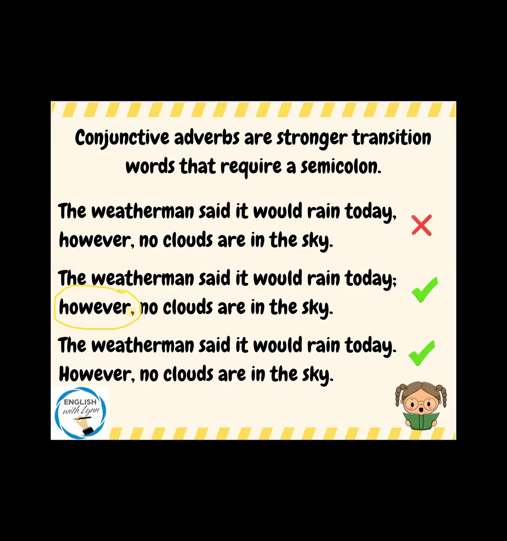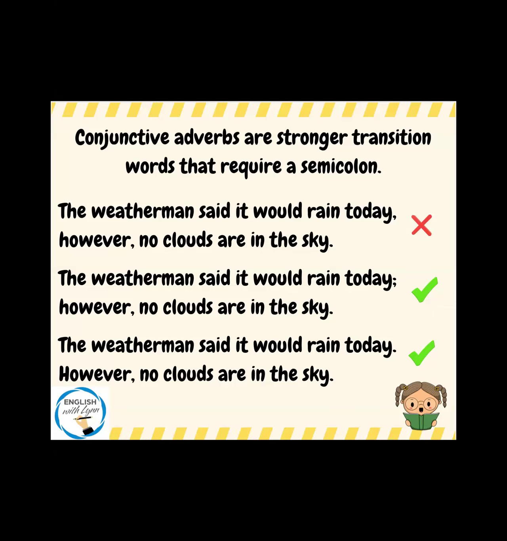If you wanted to separate those ideas so that they are totally separate, you could have, the weatherman said it would rain today, full stop, and begin the next sentence with, however, no clouds are in the sky. So make sure that the main clauses are not linked with commas, because although you're using a conjunctive adverb, it isn't a conjunction, so it can't link main clauses without the punctuation.